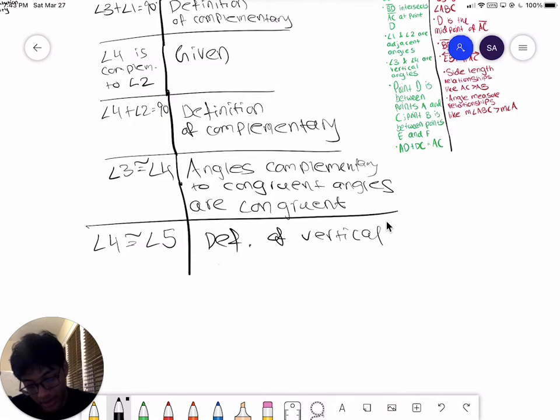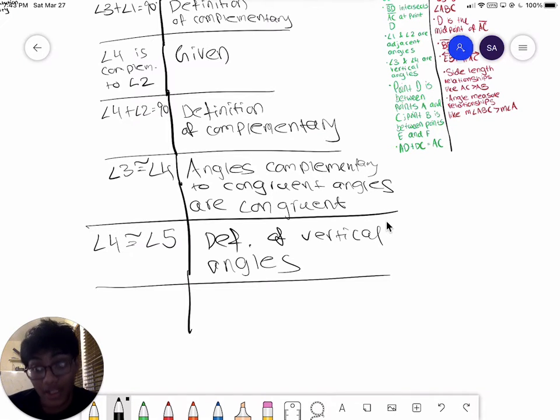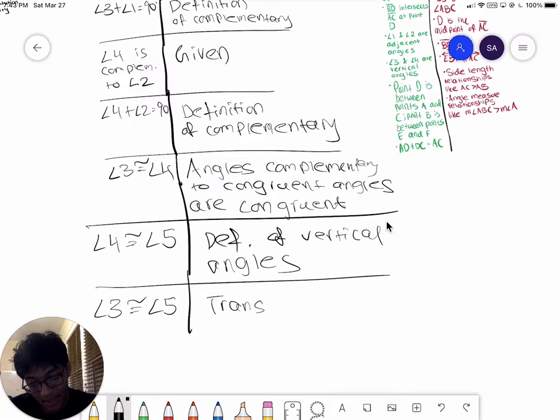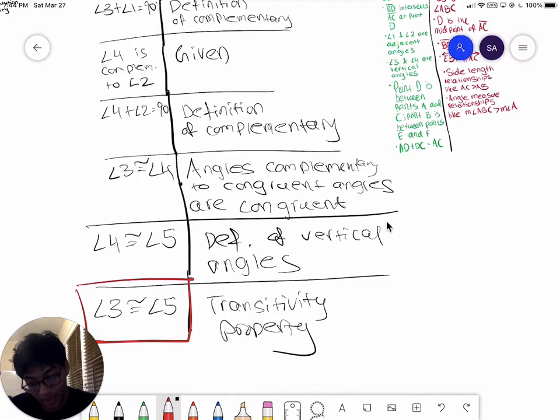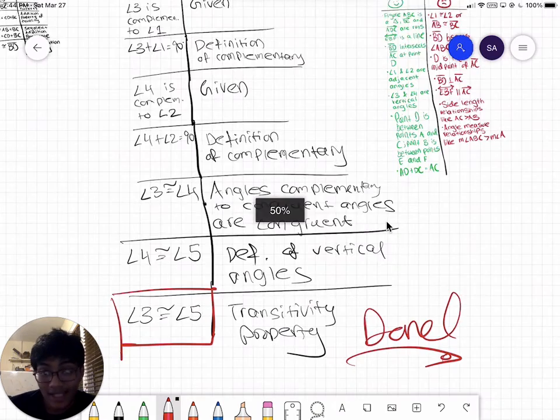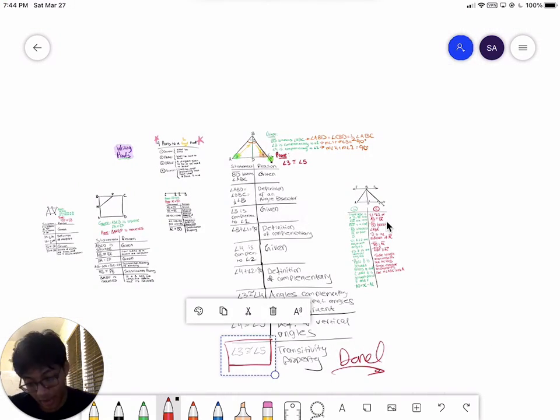And so we know angle 4 is congruent to angle 5, and angle 4 is also congruent to angle 3. So that means angle 3 has to be congruent to angle 5 by the transitivity property. And there we go, ladies and gentlemen. We have just completed our first geometric proof. And huzzah! Now let's take a look at a couple more geometric proofs.